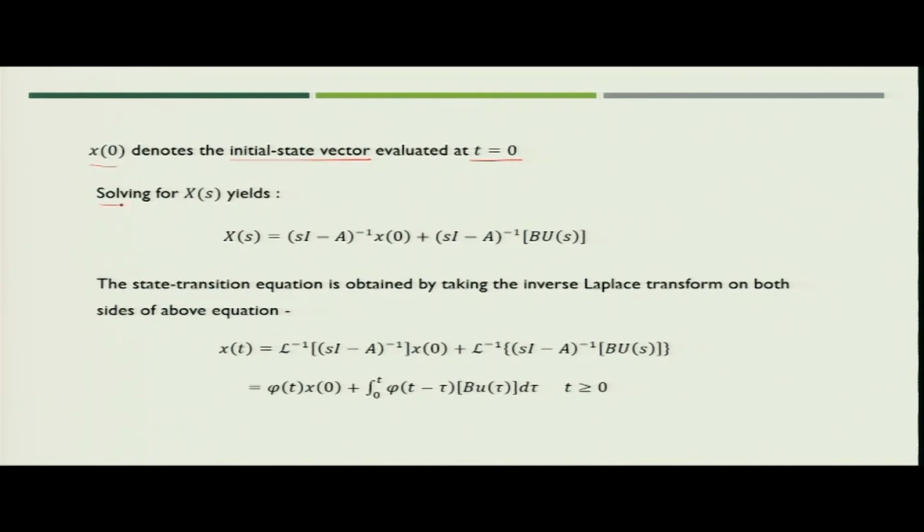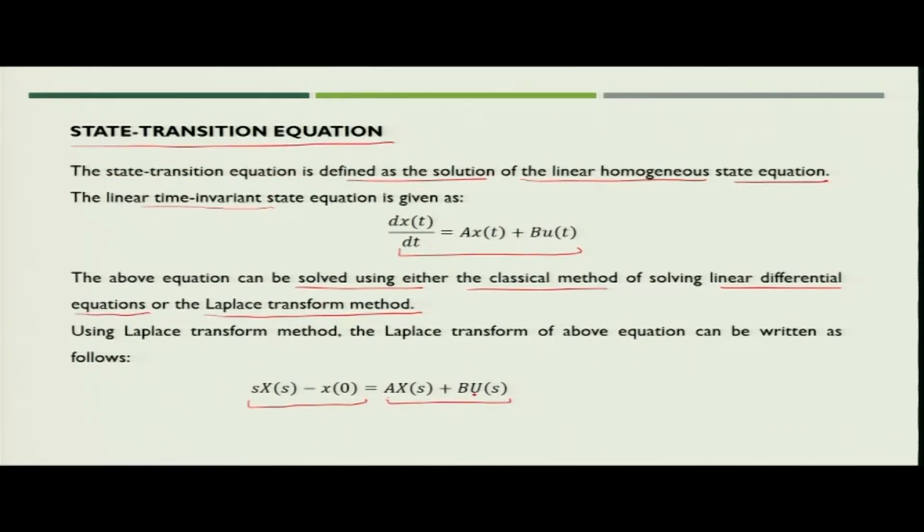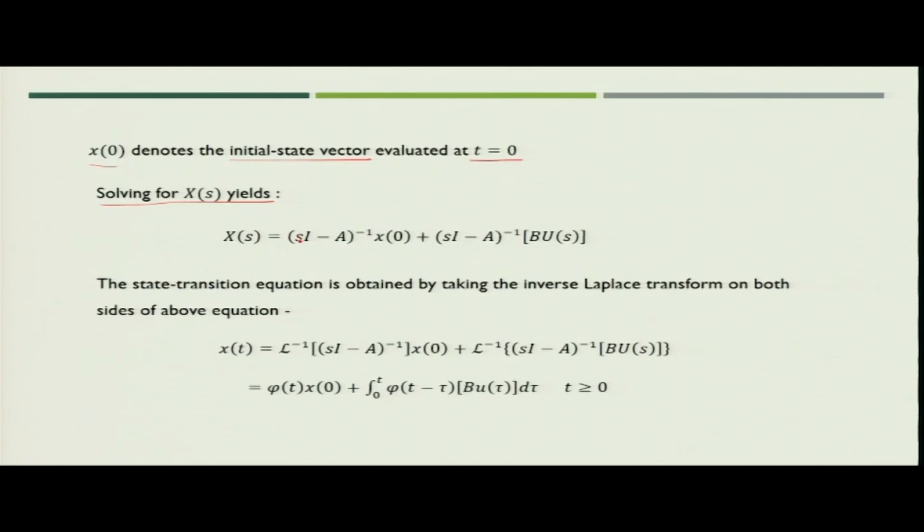Now, if you solve for X(s), you get (sI minus A) inverse x(0), which is what we saw in the case of the state transition matrix, plus (sI minus A) inverse B U(s).